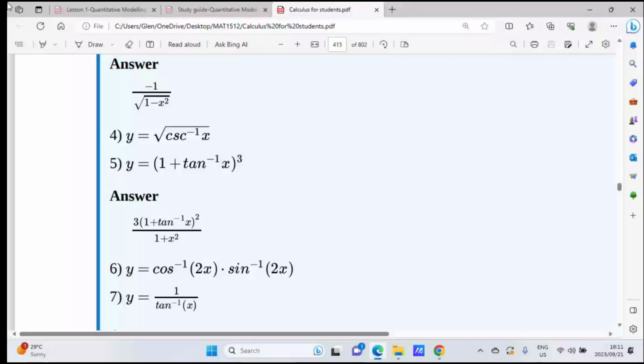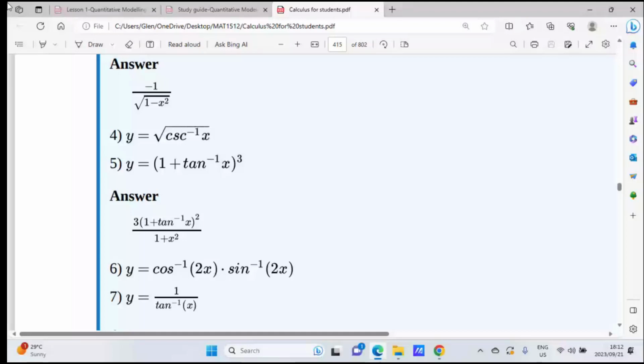A lot of people are getting confused with the power -1, so they should maybe have given it another name. Tan to the -1 of x is inverse tangent of x, and tan x to the -1 is the reciprocal of tan.